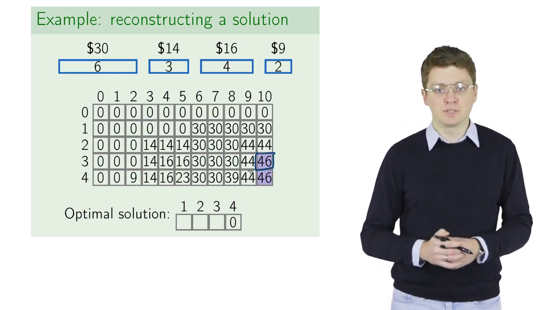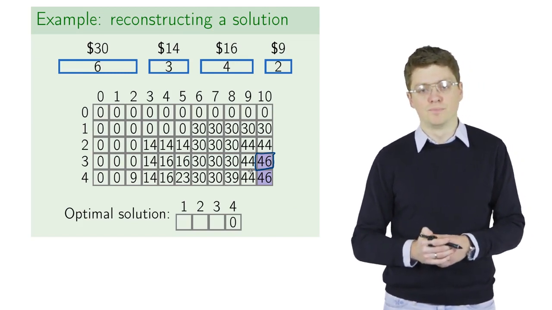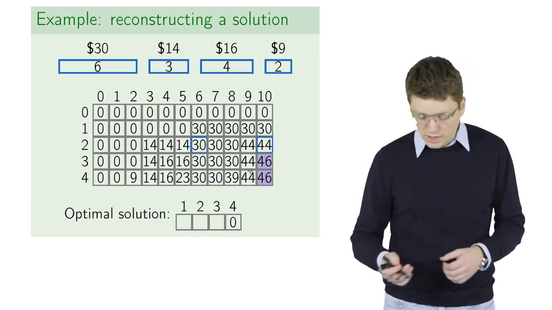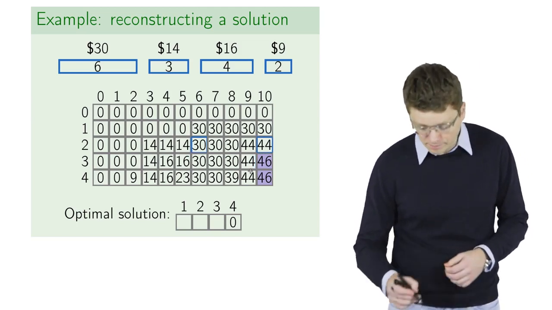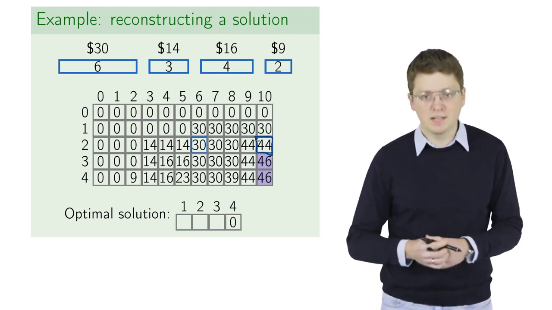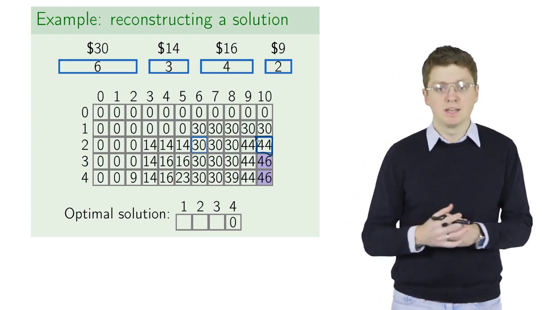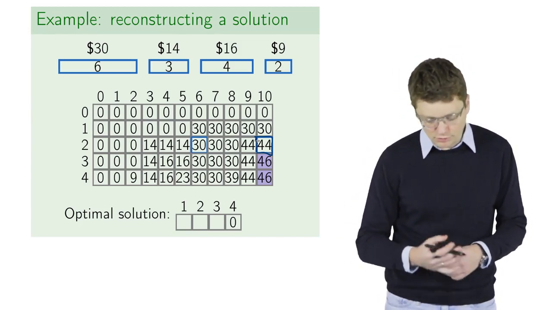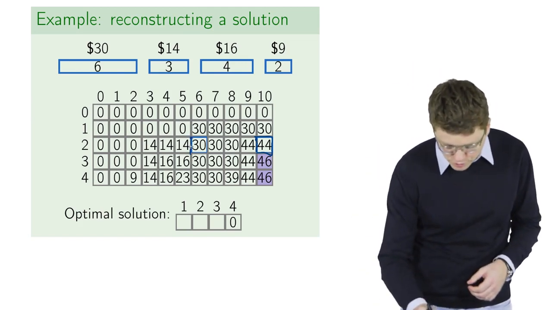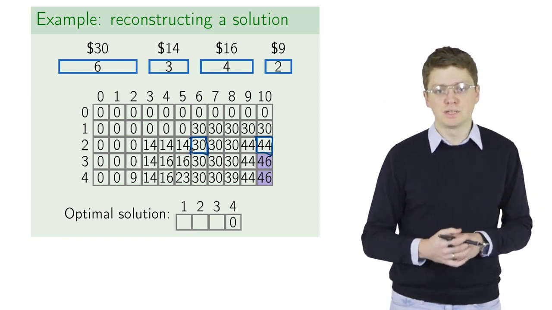Again, let's try to understand how this value was computed. It was computed as the maximum value of two numbers which depend on the following values. So either we do not use the third item, then it is the same as the value of this cell, or we use the third item. In this case, what remains is the knapsack of total weight 6, using the first 2 items, and its value is 30, plus the value of the third item, which is 16.